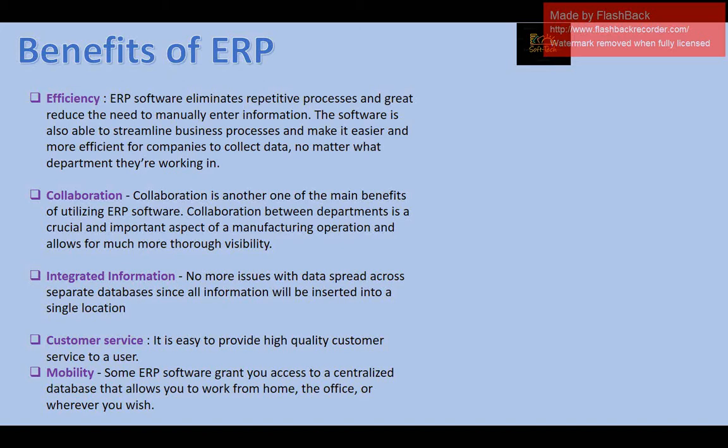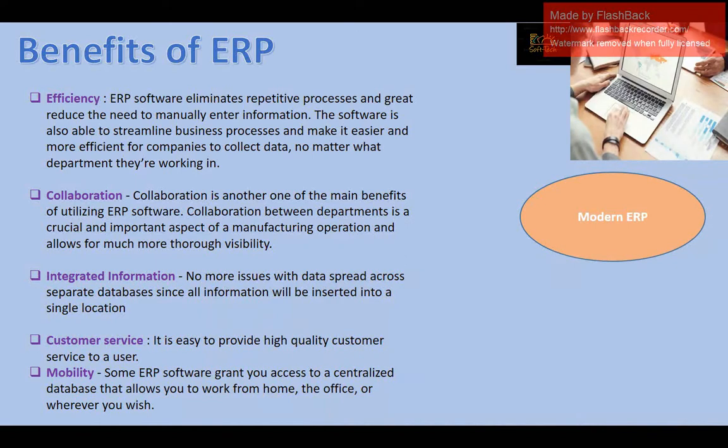From this ERP software, we can view the business through mobile applications. Because it is a centralized repository stored in the cloud, we can access the data through mobile applications. In modern ERP, customers can also access the sites from anywhere in the world.